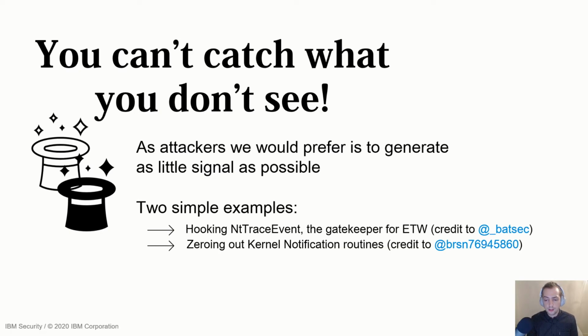But in this case, we want to see if we can take a different approach and render any OS components or AV and EDR components inoperable to the point where they are unable to capture signals that could get us caught as attackers, right?